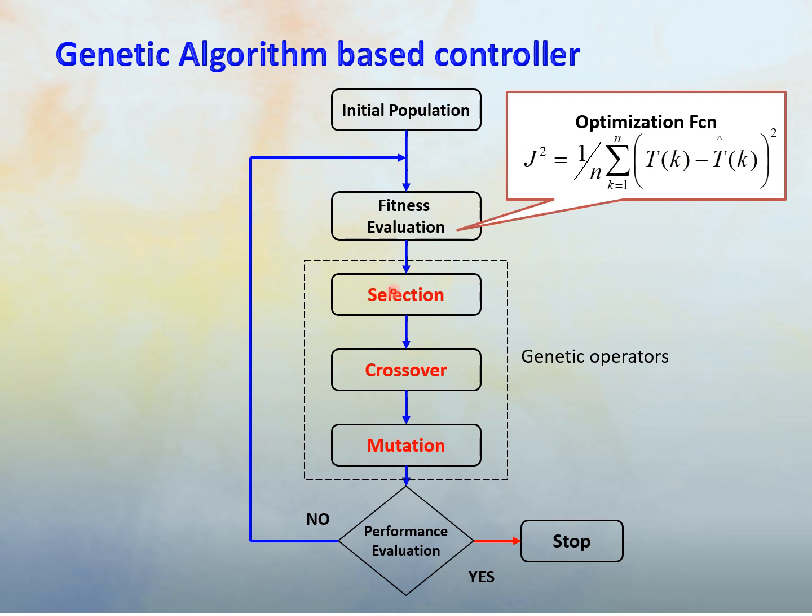Then you do the selection of chromosomes, you cross over chromosomes, mutate the chromosomes, see whether it optimizes or not. If it doesn't, you do it again iteratively. When it meets the criterion, you stop at that. So these are the genetic operators. You have to decide the parameters basically in your formulation of the genetic algorithm, whether you do it for modeling or control.